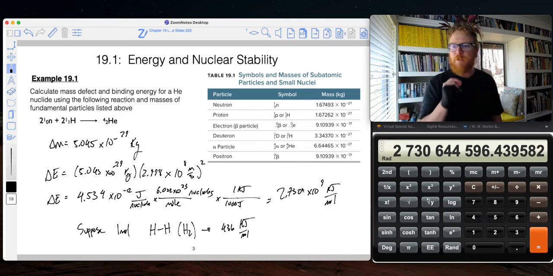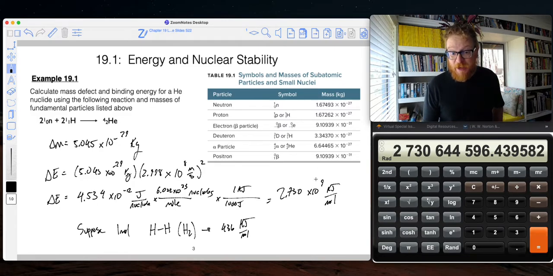So we principally get energy from chemical bonds, right? When you combust gasoline in your engine, or when we look at a coal-fired power plant, we're getting energy out of the chemical bonds.